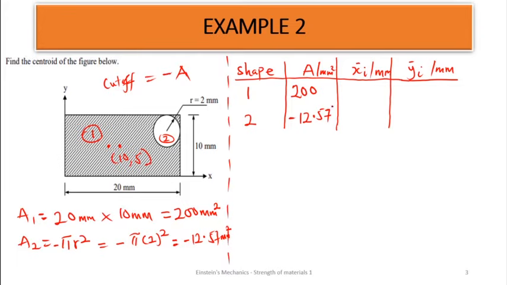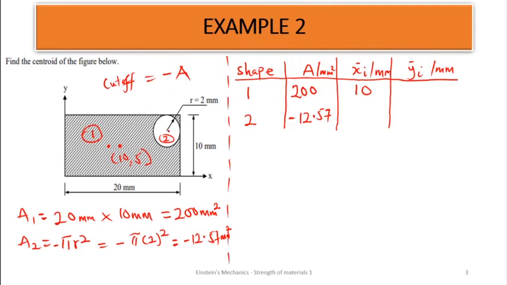I'm going to locate the x center for plane 1 and plane 2, the same for the y centers. So considering figure 1, what is the x center? Forget about the cutout, just consider the entire figure for figure 1. For the x, I have to move a certain distance on the x to locate its middle. So I will have to move how many? For the x, it is 20. So I'll have to move 10 to get there. So that will be 10.